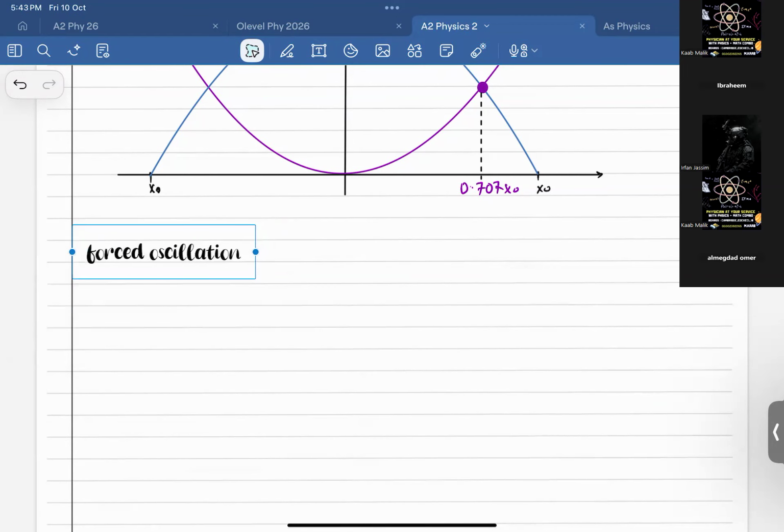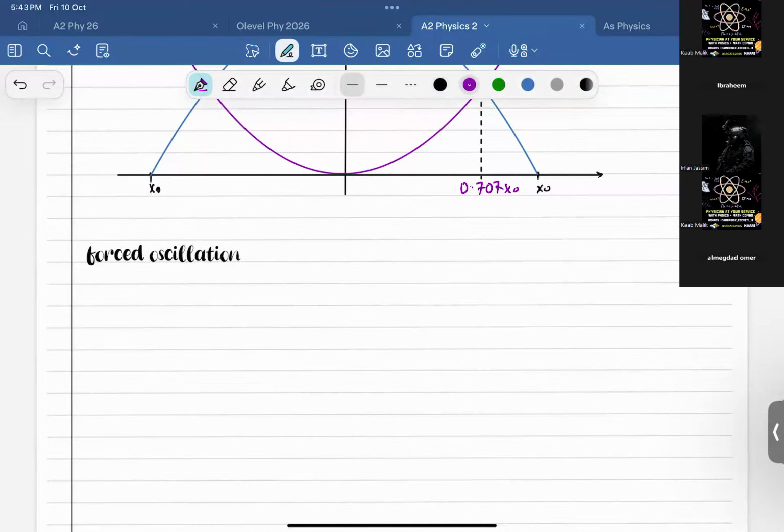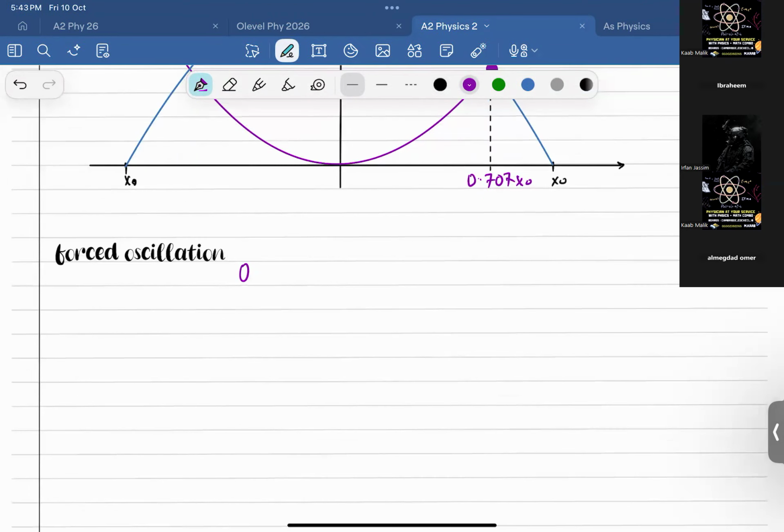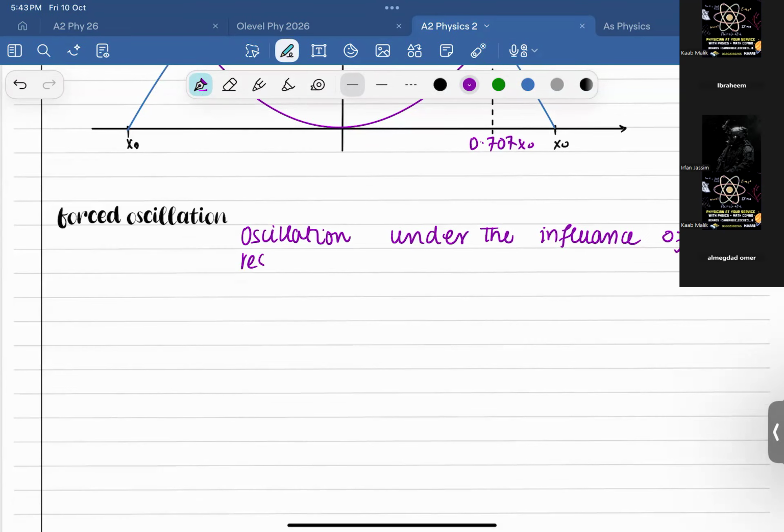Okay. So forced oscillation is basically the concept where the oscillation is done under the influence of resistive force.